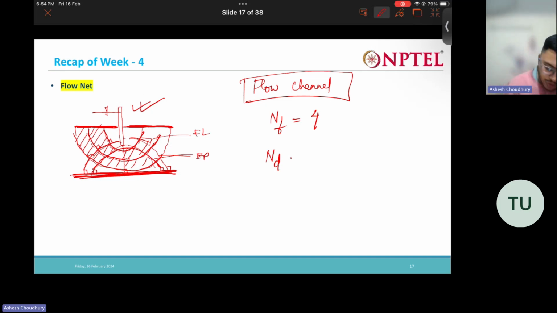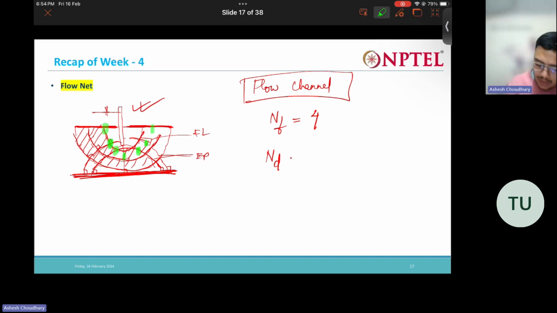That is the number of drops. Here to here, one drop, two drops, three, four, five, six. So a total of six drops are happening.